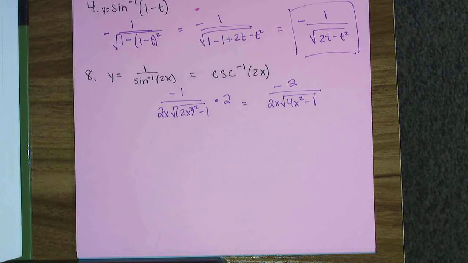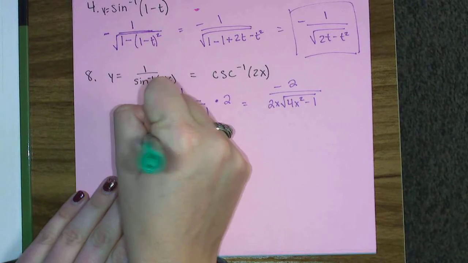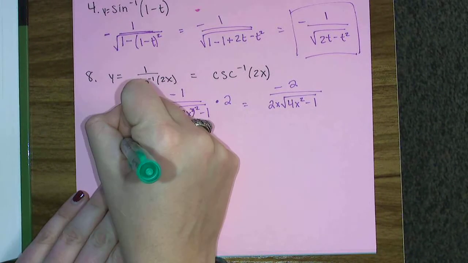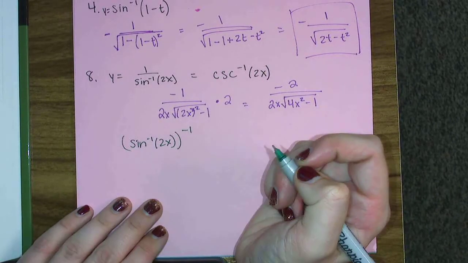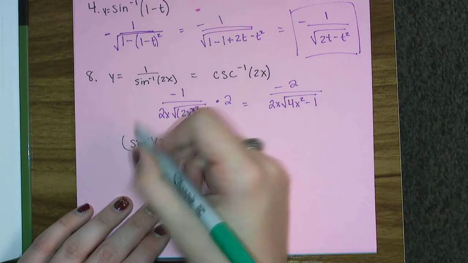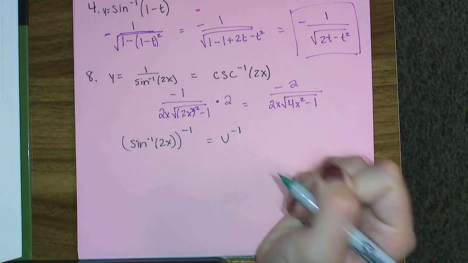Okay, so they say that the inverse sine of 2x, because that would be moving it to the top, is u to the negative 1.